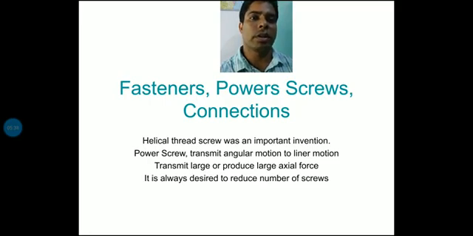That is the function of the power screw. It transmits a larger load and produces axial load, and it is always desired to reduce the number of screws. That is the case of the power screw, and it is a simple example of a fastener.